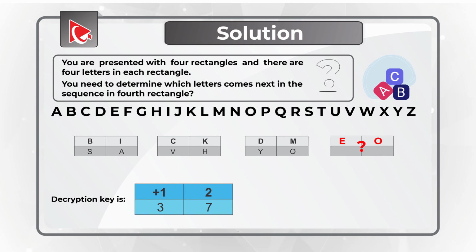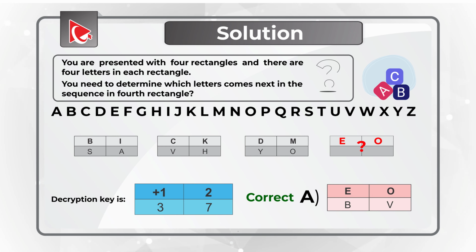If we look at the answers, we already know that the correct choice here is choice A, because the upper row letters are E and O only in this choice.